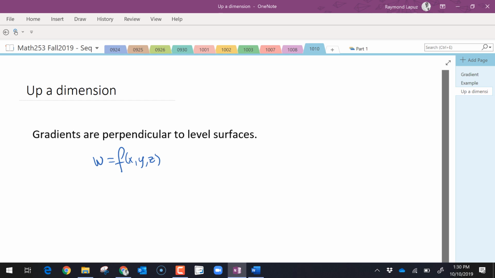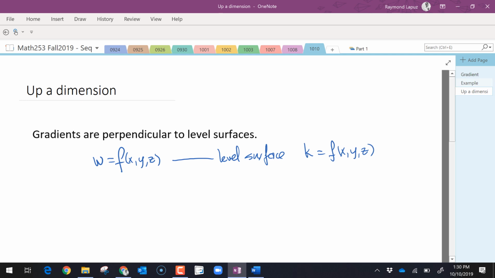However, if we take a level surface by letting the function equal a constant, so you would have a constant equal to some function with an x, a y, and a z in it. Now you're down from the fourth dimension to 3 dimensions.